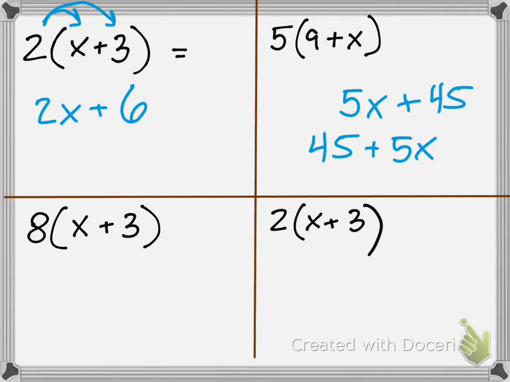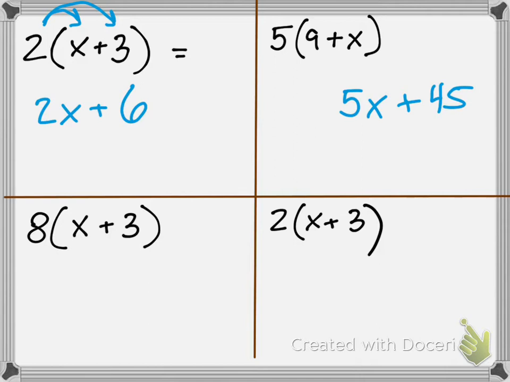Nodding our head or shaking our head, is she wrong? She's not wrong. Just like what we learned yesterday, those two are the same thing. They're just the commutative property. In fact, I like the way she wrote it better because I like to have my variables in the front. So exactly, we would get 5x plus 45.